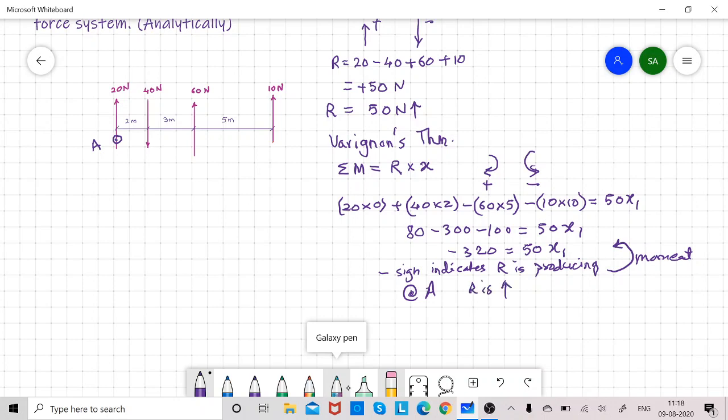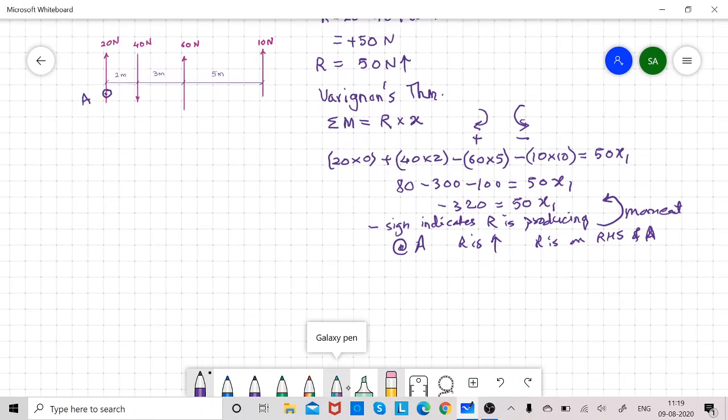So to produce anti-clockwise moment about A, the resultant must be on the right side of A. Then only it will produce anti-clockwise moment. And the distance x1 is equal to 320 divided by 50, that is 6.4 meter.